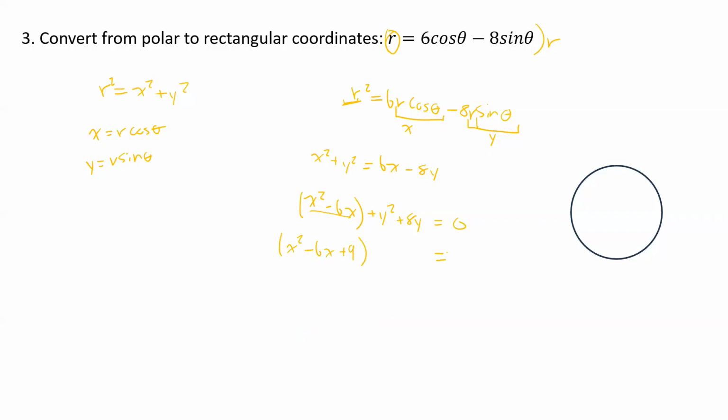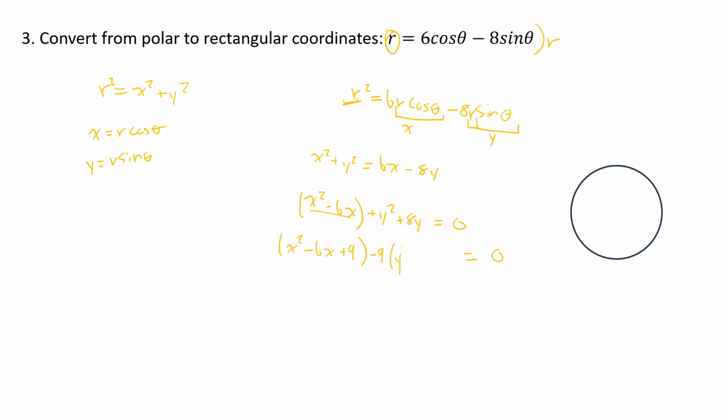What do we have to do on the right-hand side if we do it on the left-hand side? So if we add 9, we have to add 9 on both sides. Oh, you would do minus 9 here? Okay, yeah, that's fine. We can do it that way. And then the y, you would do the same thing.